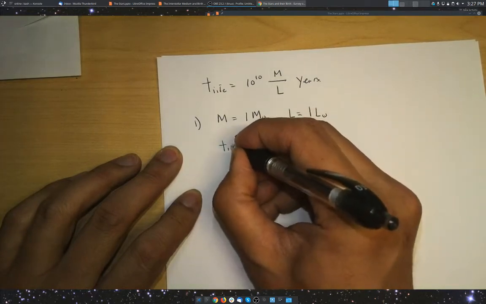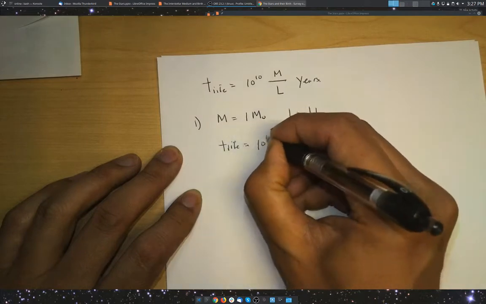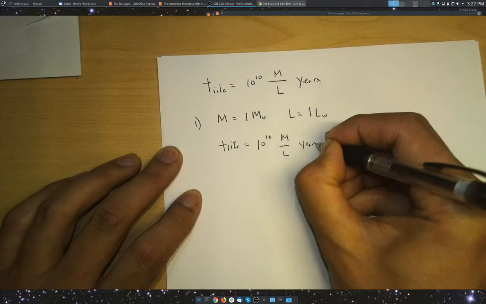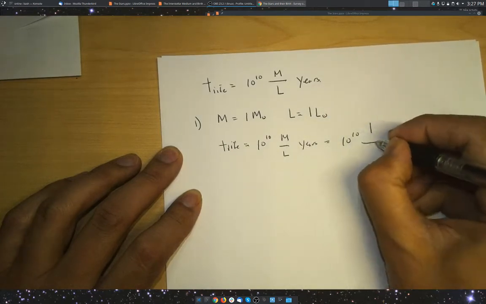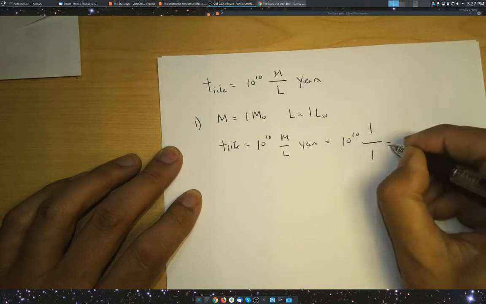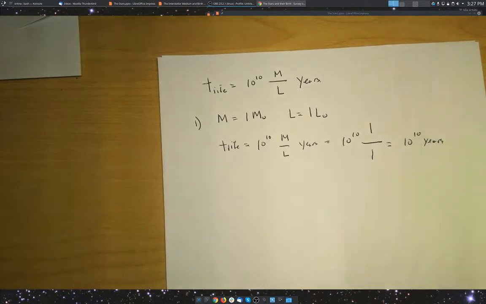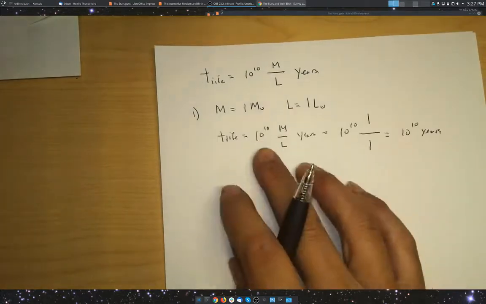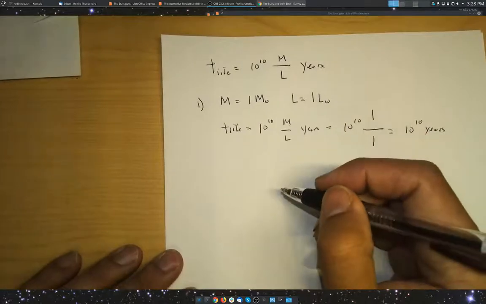T life is 10 to the 10 M over L years. M is 1 solar unit, L is 1 solar unit, so that's just 10 to the 10 years. This makes sense because we knew that the lifetime of the sun is 10 billion years. If a star shines exactly like the sun with the same mass as the sun, it's also going to live for 10 billion years.